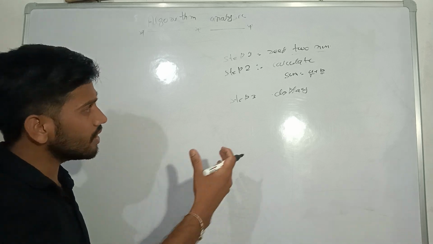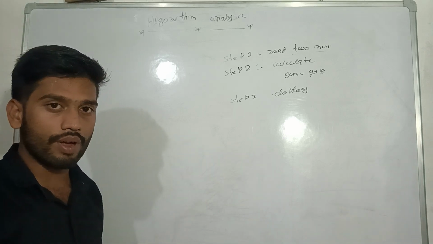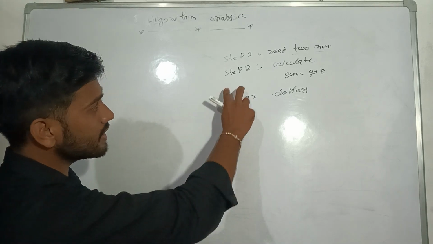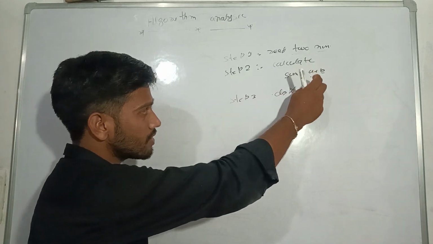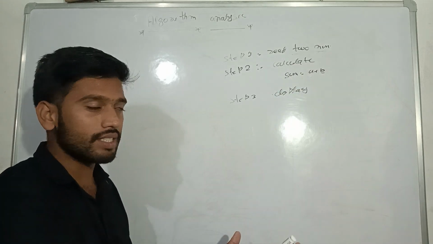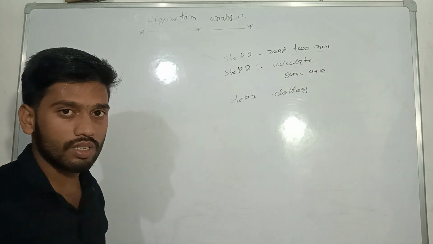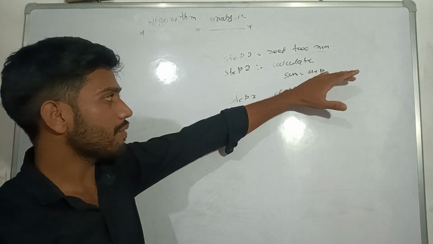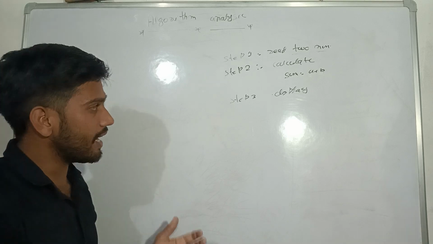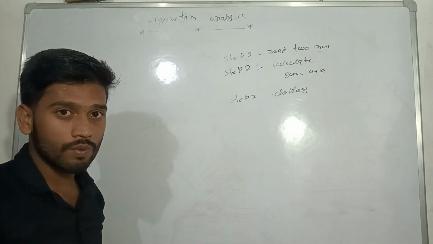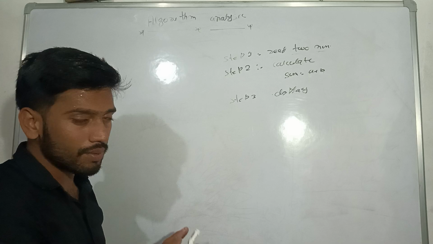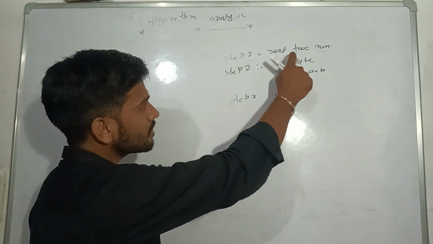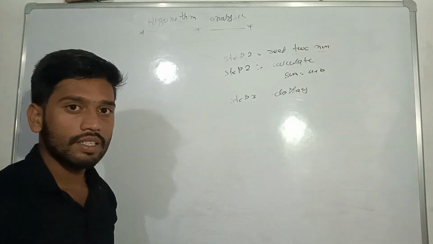It is clear that first of all we have to read two numbers, and the second step is to calculate the mathematical calculation which we want to do. Here we want to find the sum of two numbers. The third instruction is to display the output that will be produced, then display the message. So there is a clear-cut message, right?